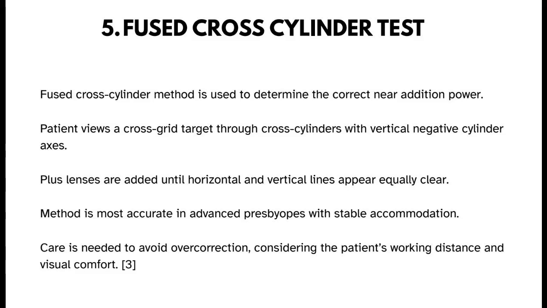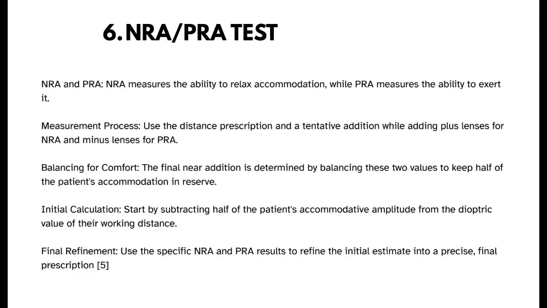Next, we have the NRA and PRA method. It is another method for determining near add. NRA measures the maximum ability to relax the accommodation while maintaining clear single vision, and PRA measures the maximum ability to accommodate while keeping the vision clear and single. To measure this, the clinician uses the patient's distance prescription and a tentative near add with a point card.